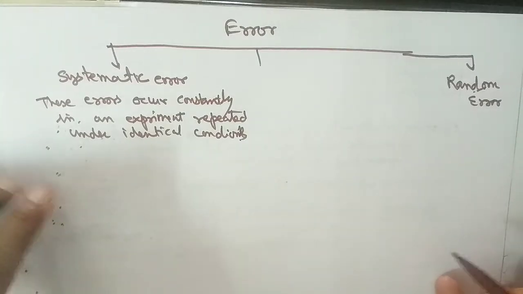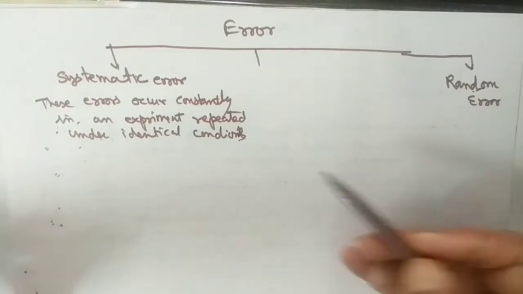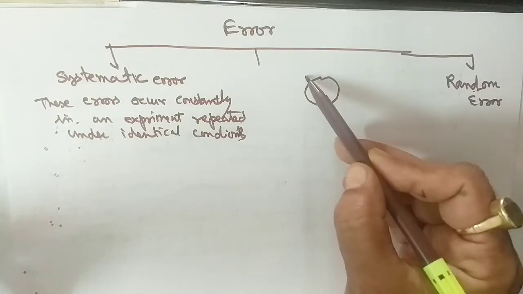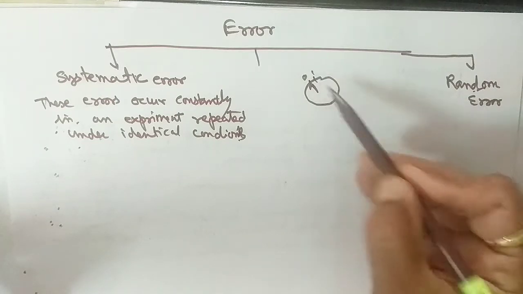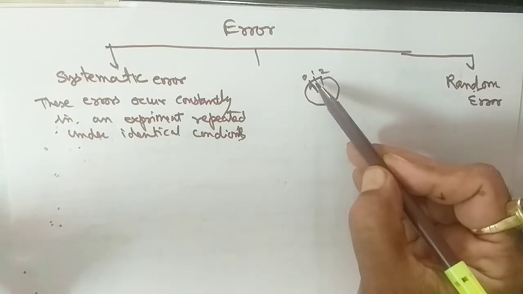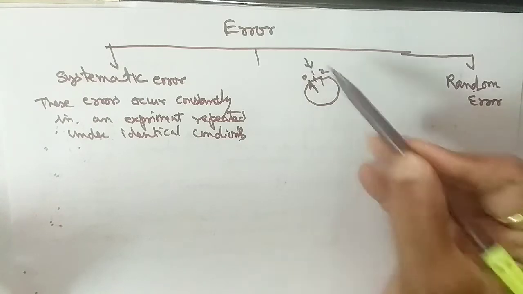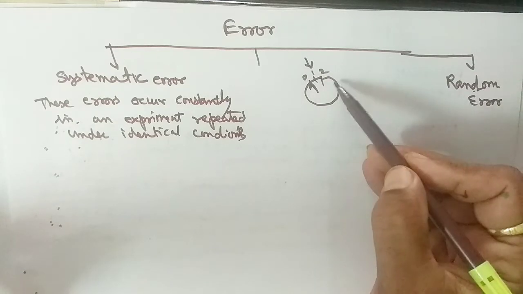See the example. Suppose you are measuring current in a circuit. Initially, the needle is not exactly at 0. Suppose the needle is at 1, not at 0. So every time you take a reading, that reading will be +1 always.